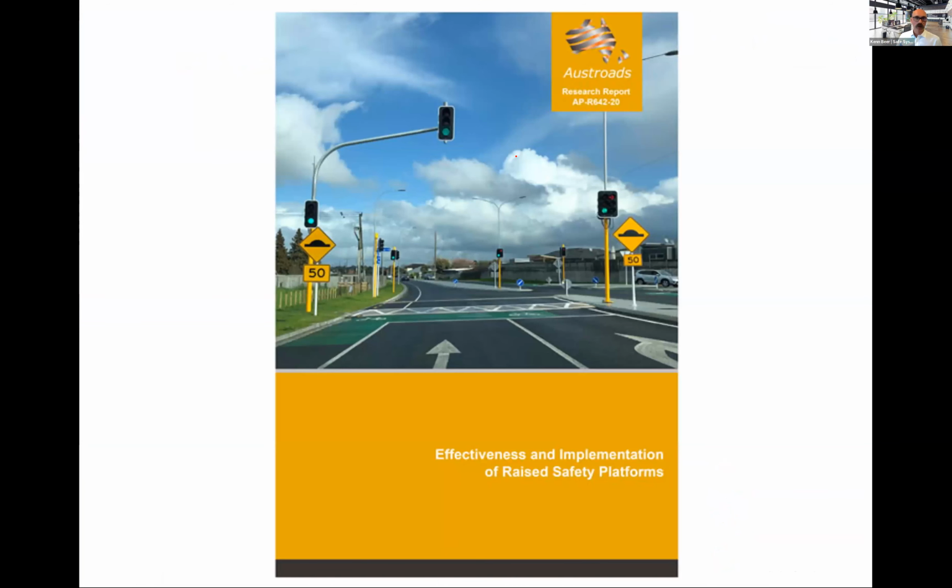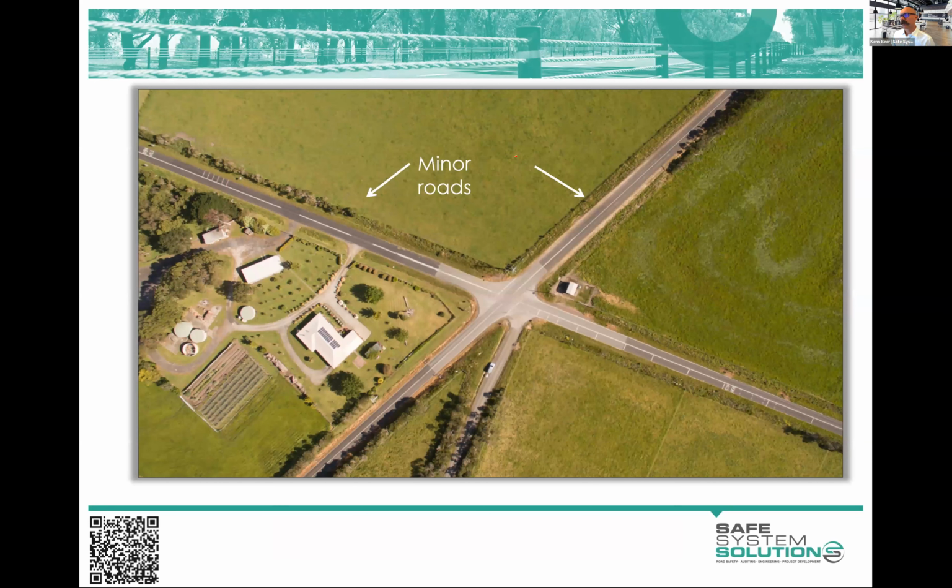There's also an Austroads document, the effectiveness and implementation of raised safety platforms. And this gives a lot of good information as well. So that's worth a read, especially if you're trying to deal with some of those big areas.